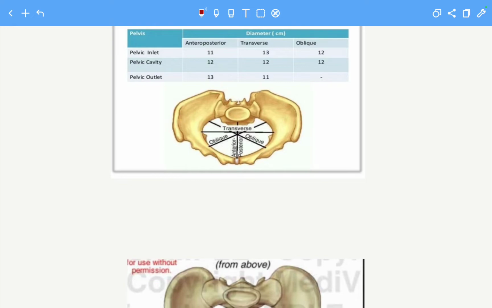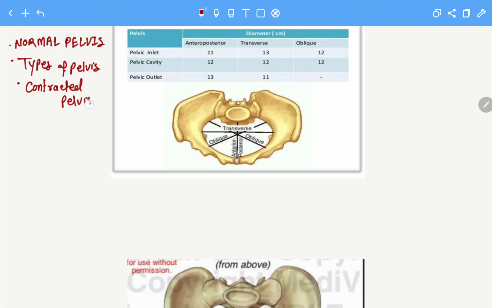In this video we will discuss the normal pelvis, then the types of pelvis, and then the contracted pelvis and the management of the contracted pelvis.